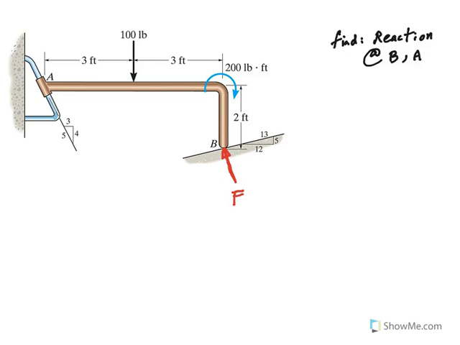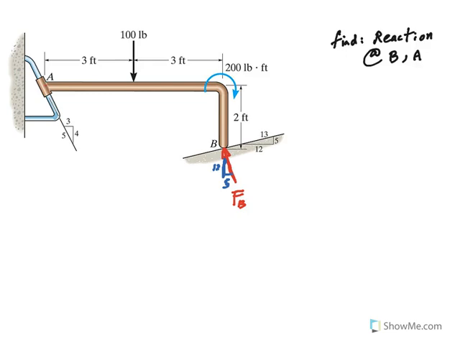I'm going to call this F sub B, or you can just call it N. Knowing that the slope of the incline is 5/12, the slope here is going to be the inverse, 12/5, so just the rise and run switch. That's the only reaction we're going to get at point B.